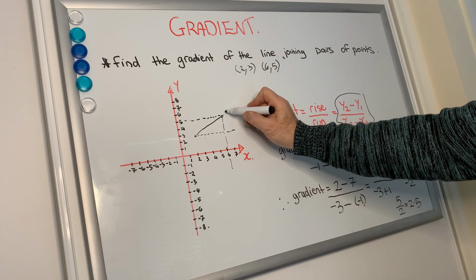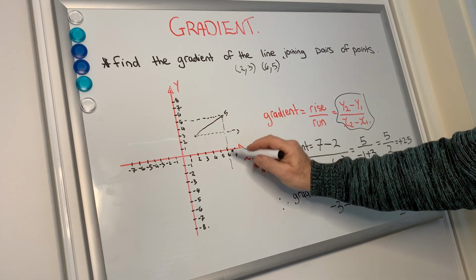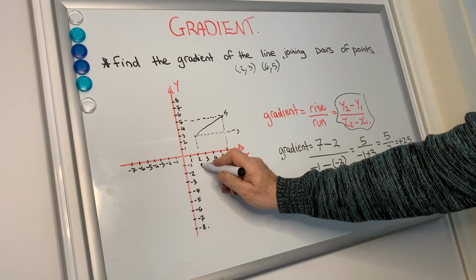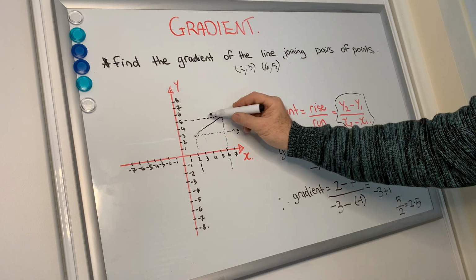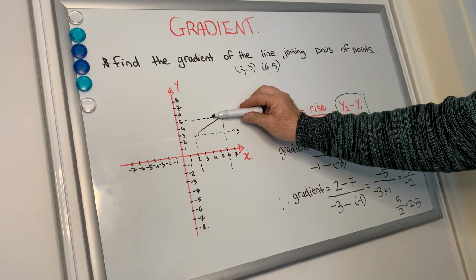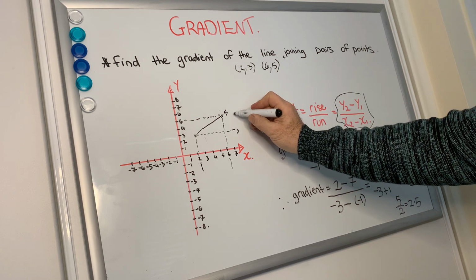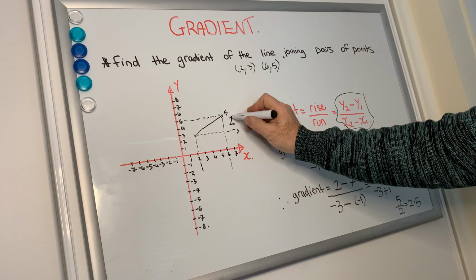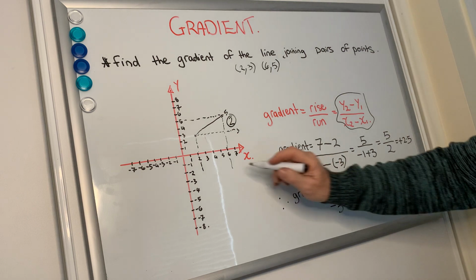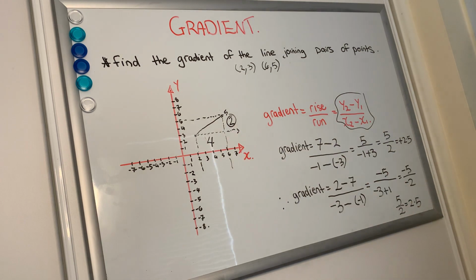So we know that this point is 5. We know that this one here is 3. We know that this one here is 6, and this one here is 2. It's like saying when we show that line across there, we've got 5 take away 3, which is 2, and we've got 6 take away 2, which is 4.